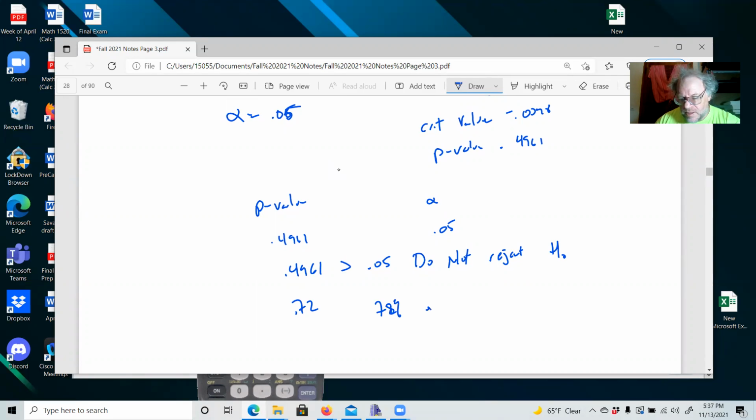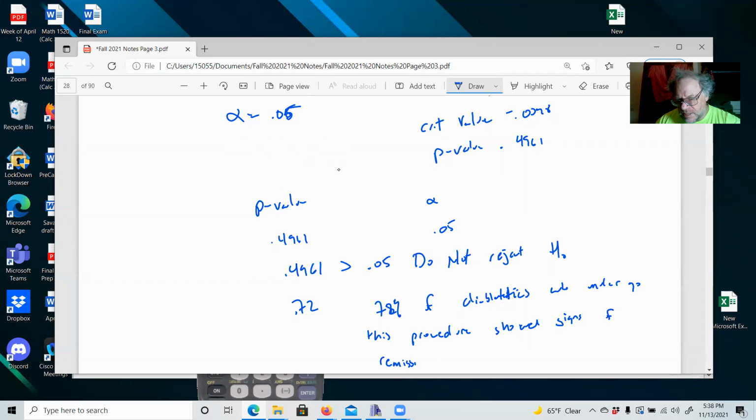72% of diabetics who underwent this procedure show signs of remission of diabetes.